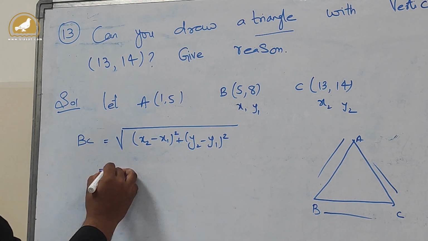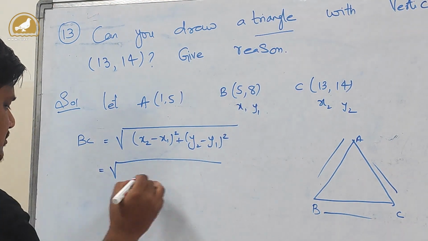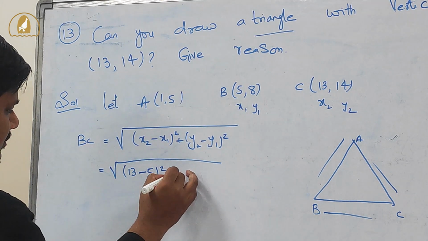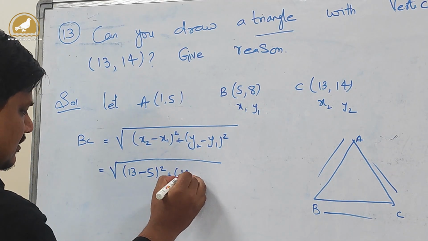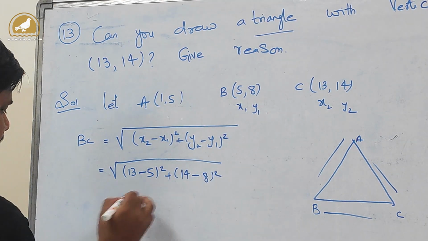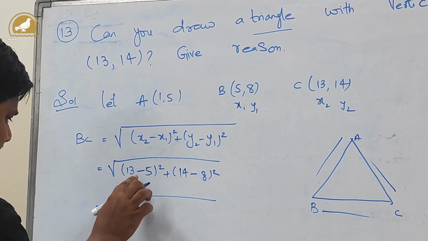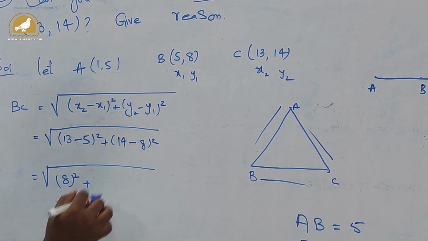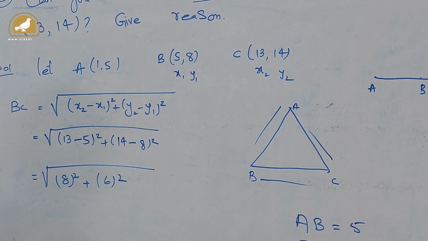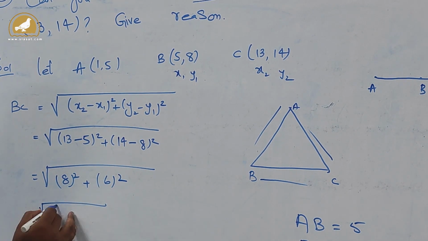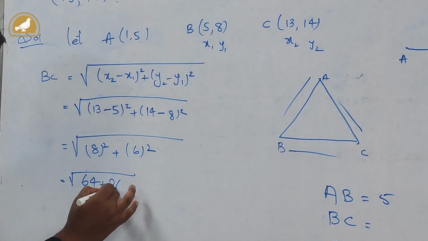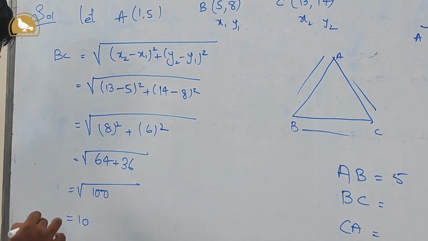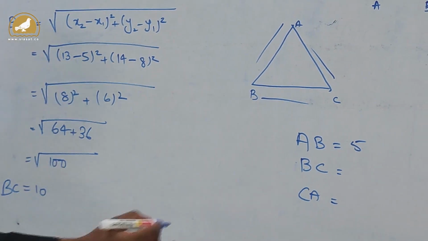If we substitute these values in the formula, x2 is 13 minus x1 which is 5, and y2 is 14 minus y1 which is 8. 13 minus 5 is 8, 14 minus 8 is 6. 8 square is 64, 6 square is 36. 64 plus 36 is 100. Root 100 is 10. So we got the value of BC as 10.